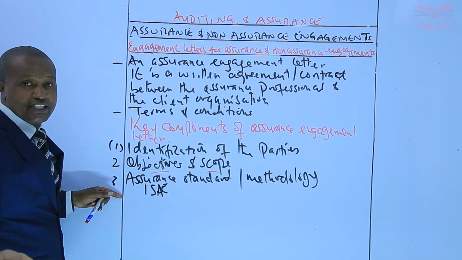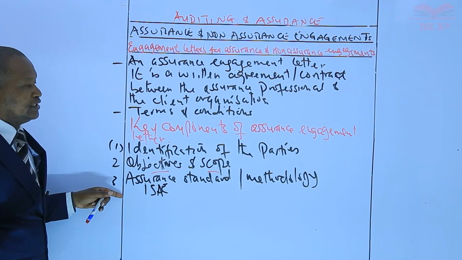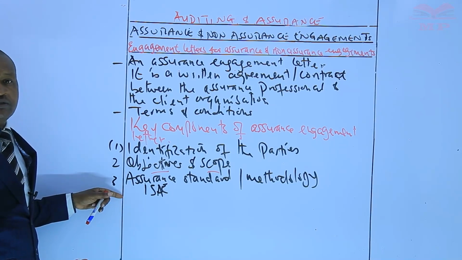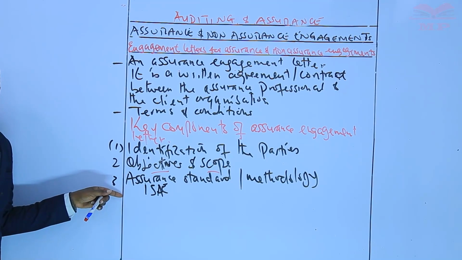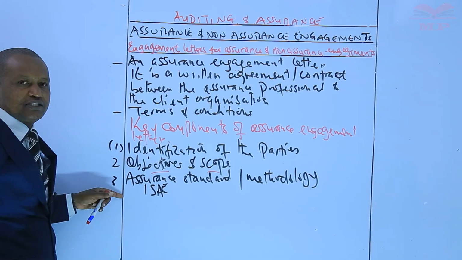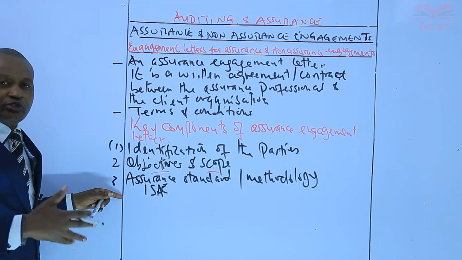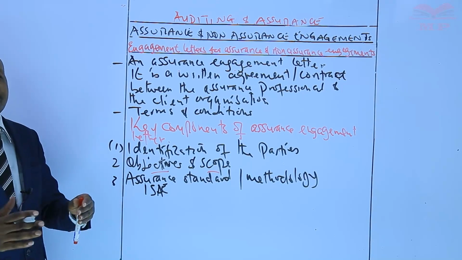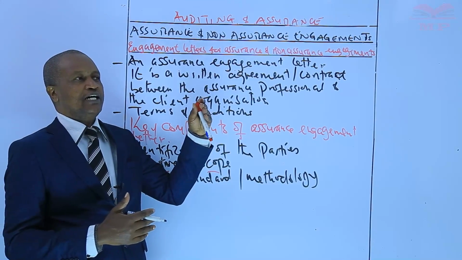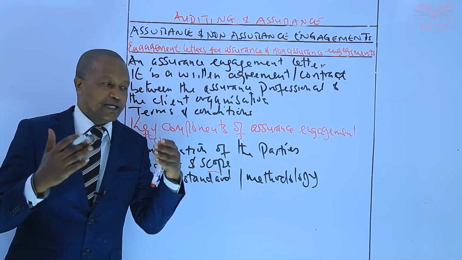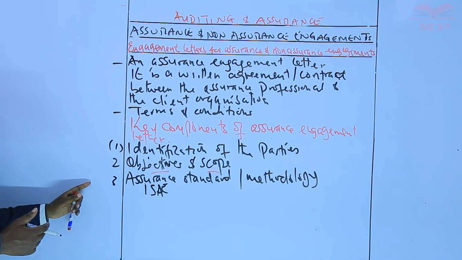That could be a standard upon which the subject matter may be evaluated, right? Or any other applicable professional standards. And this section mentions the assurance methodologies and techniques that will be applied by the professional.